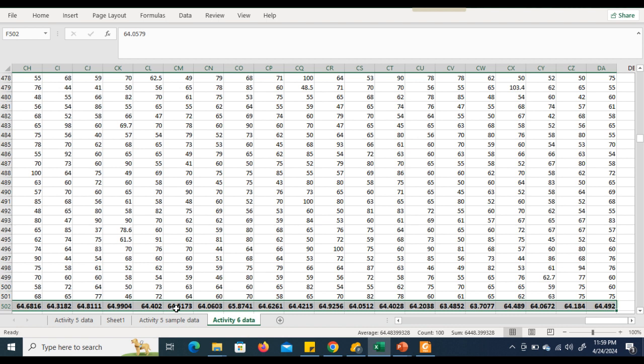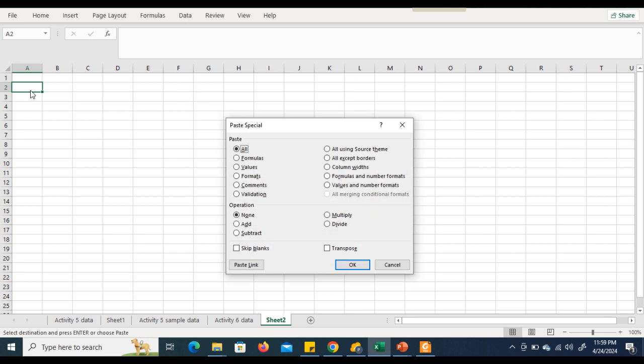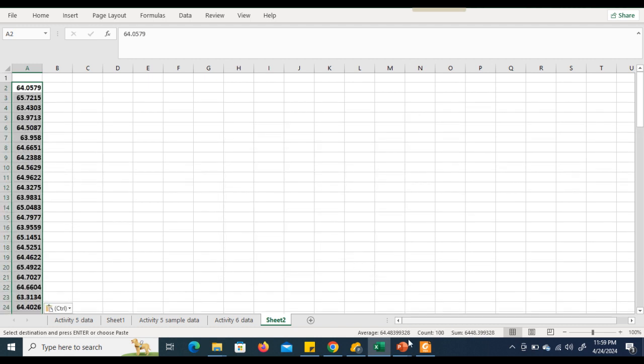Then we copy this data and paste it here, but the data is given in row format and I want to paste it in column format, so I'm going to use the paste special option, Control plus Alt plus V. When we click this option we get this particular dialog, so I'm using the option of transpose. It will convert the row data into column data.